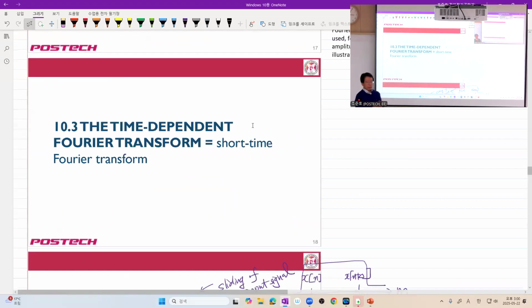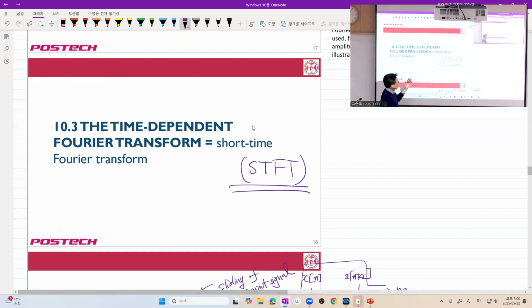So section 10.3 is all related to the so-called short-time Fourier transform. Our textbook somehow, I don't know why, does not introduce this very important acronym. By the way, acronym means name.